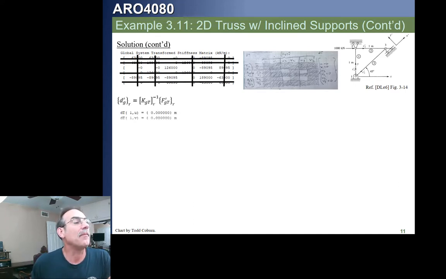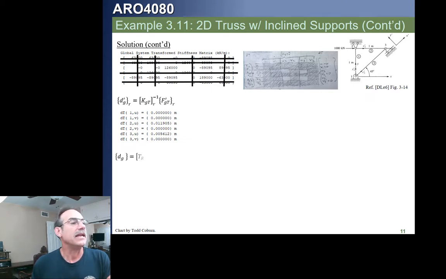So we perform that multiplication and we get the transformed displacements.